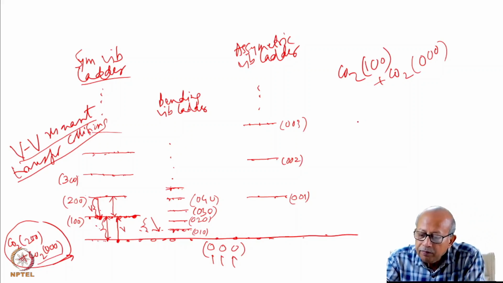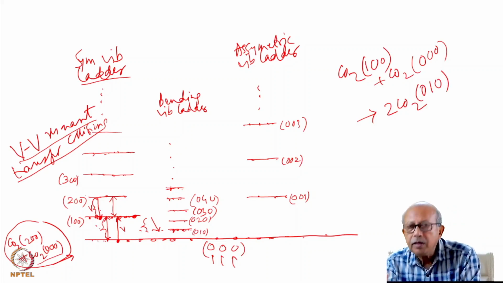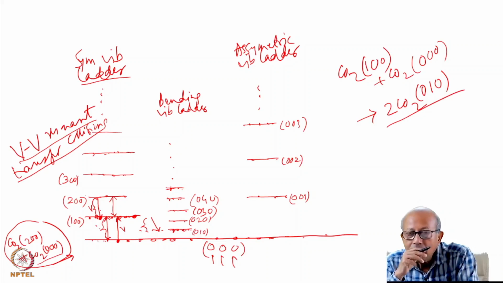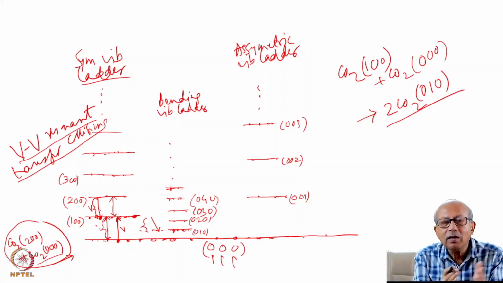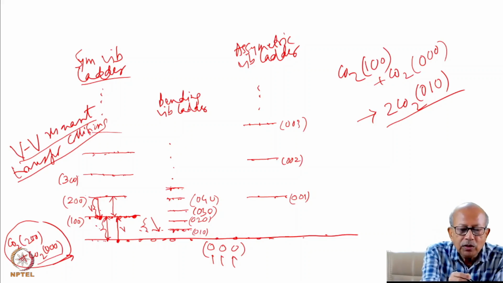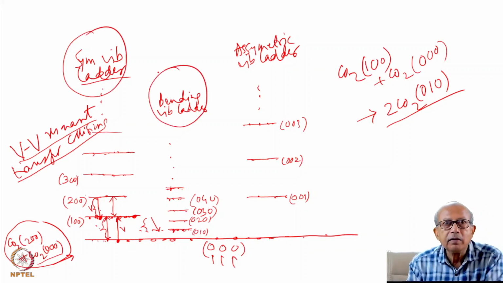So basically, it results in two CO2 molecules in the first excited bending vibrational mode. So this provides a nice coupling between the symmetric vibrational ladder and the bending vibrational mode.